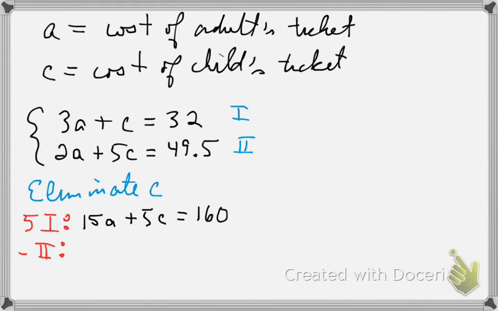And then negative the second one would be negative 2a minus 5c equals negative 49.5. You guys with me? So when I add these together, our c is eliminated as planned.